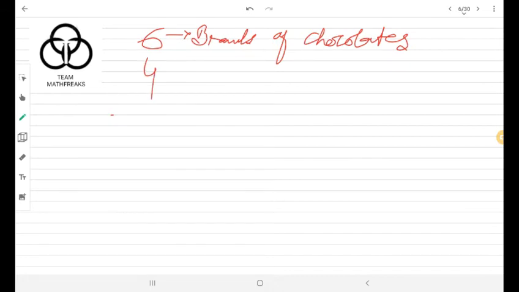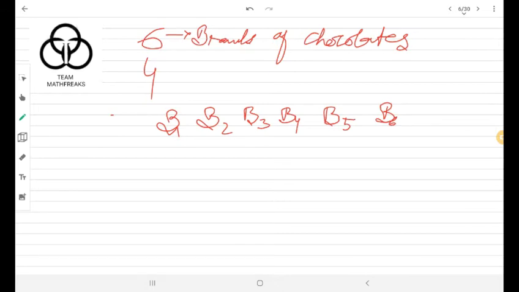It is assumed that we can choose the same brand repeatedly. So suppose the brands are B1, B2, B3, B4, B5, B6.